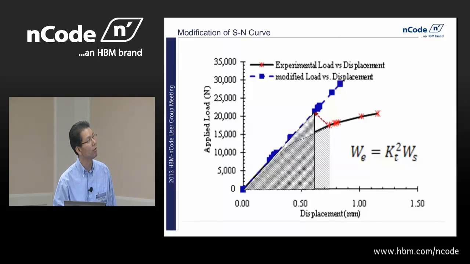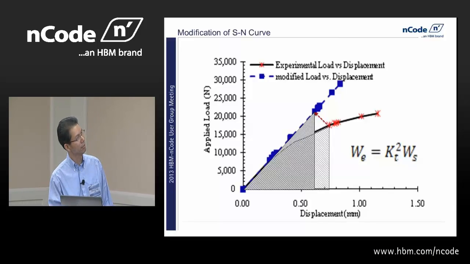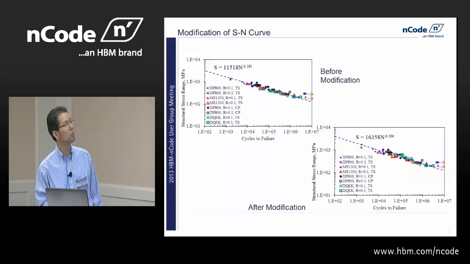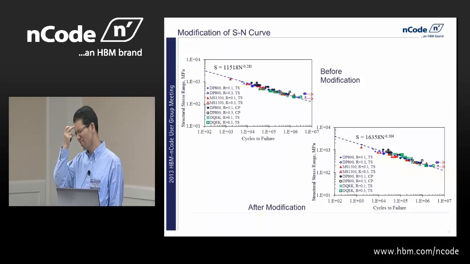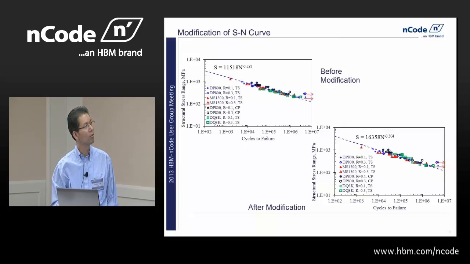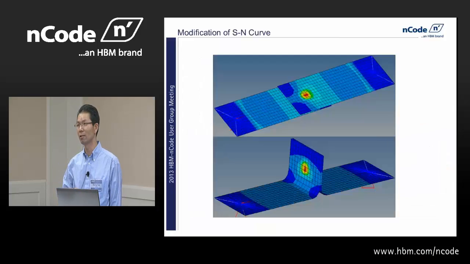Basically, this was the initial curve, and this is structural stress. Initially we got the test load over here, and we got the structural stress. That structural stress corresponds to life, and that way we created the SN curve.